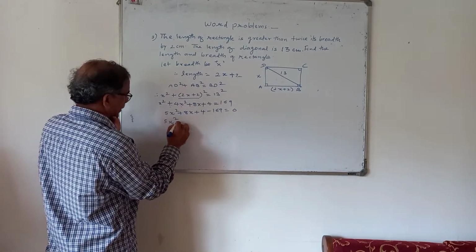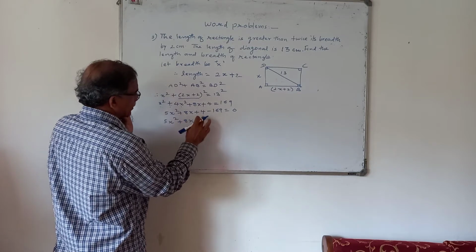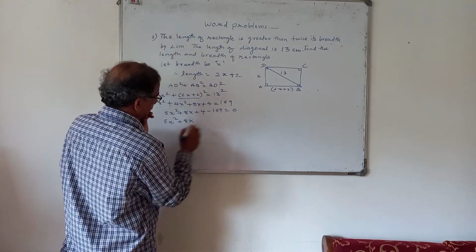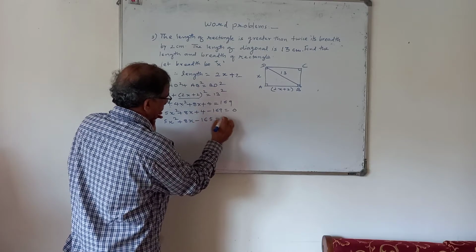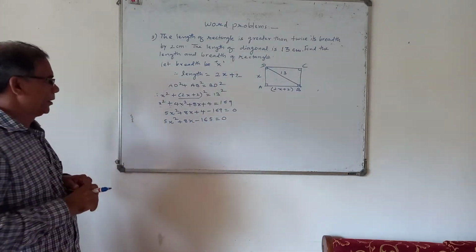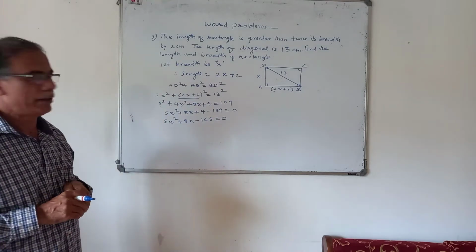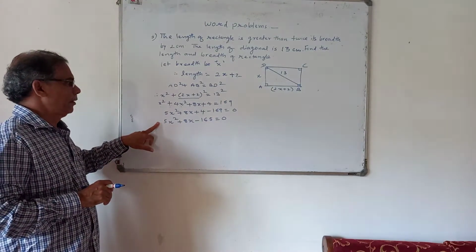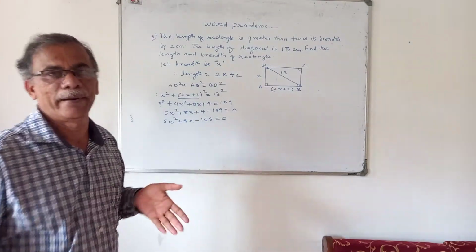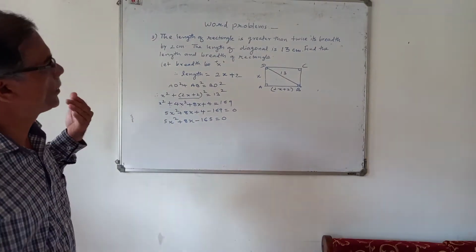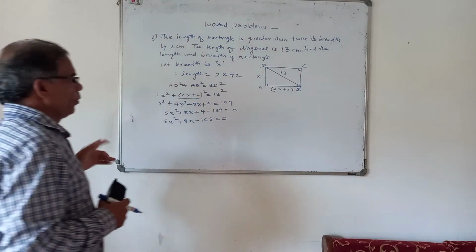So 5x square plus 8x, 4 minus 169 means minus 165 is equal to 0. Now this is a standard quadratic equation. We have to find the roots by splitting the middle term or by using the quadratic formula. In a quadratic problem, you can use any method to find the roots.